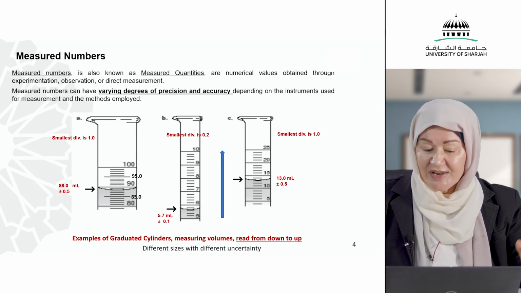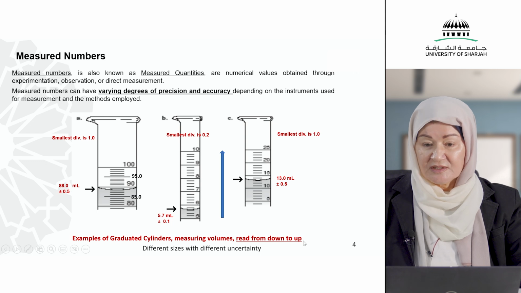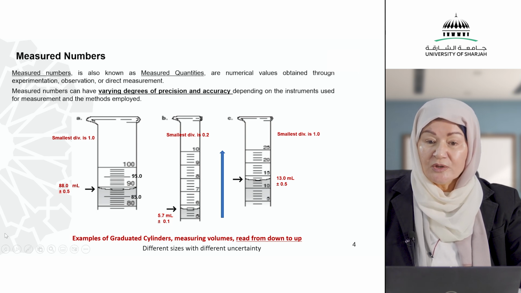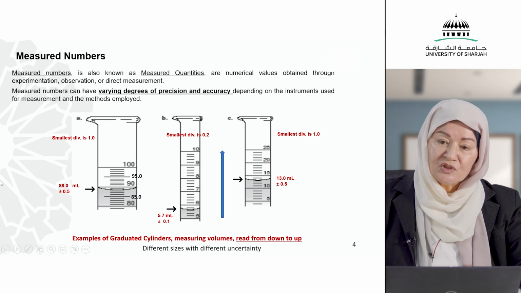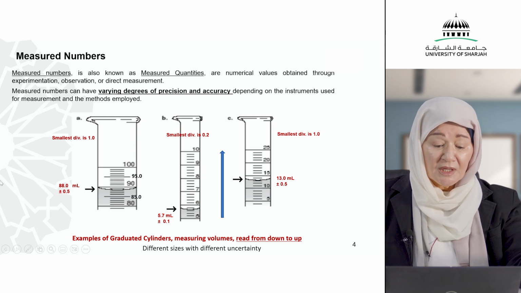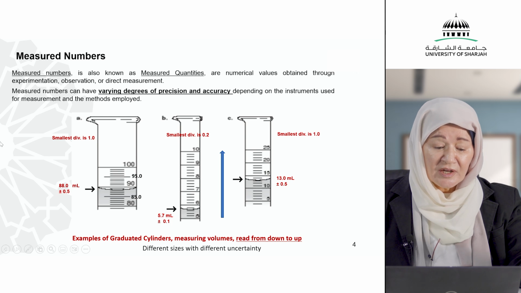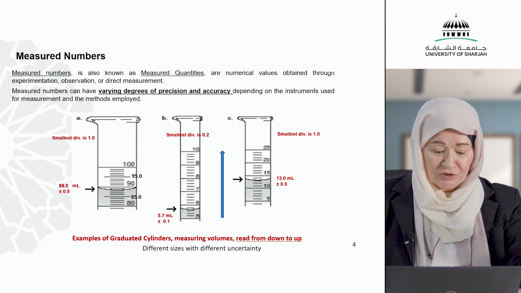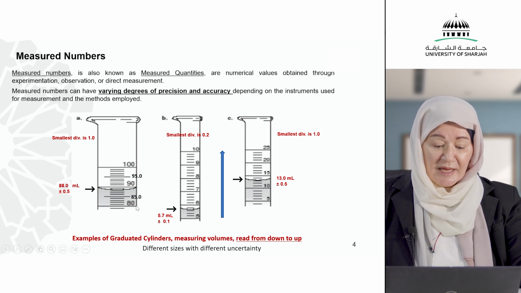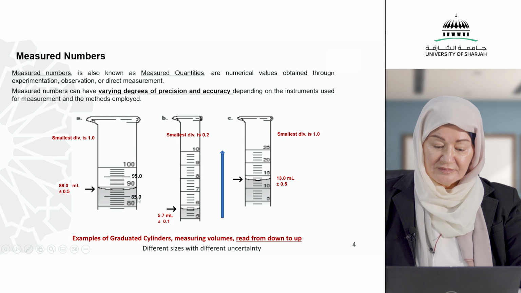Here I have 3 sizes of graduated cylinder, and we are going to check together how much the smallest division is for each. Whenever I check the smallest division, I read the measurement of the solution in the graduated cylinder. 80, 90, in between I have 85.